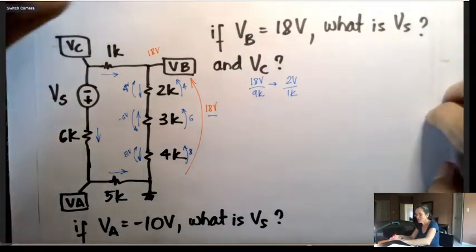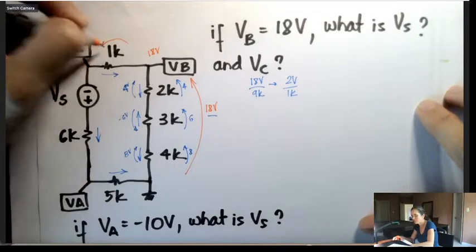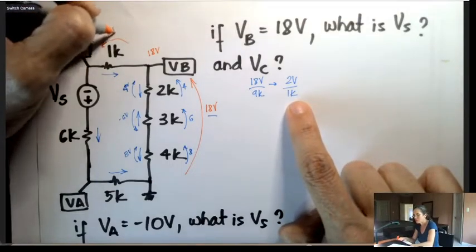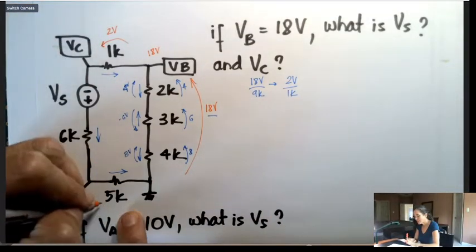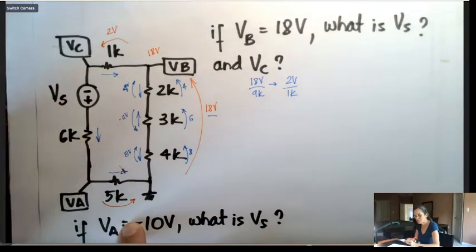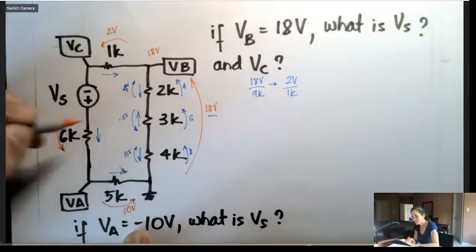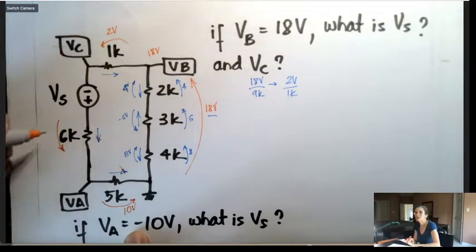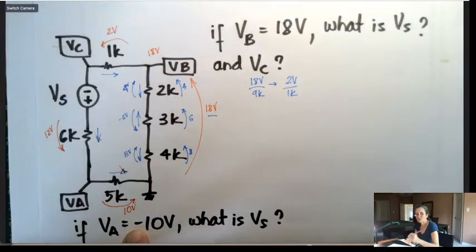And I'm going to label everybody else here. So 1K is going to do this, and it will have 2 volts. 5K will go in this direction. And look, this is against what this current was saying, and it's 10 volts in this direction. And 6K also, I'm disregarding this, will have 12 volts in this direction.